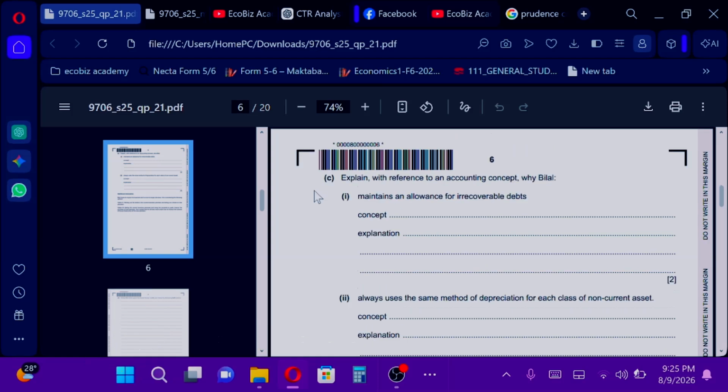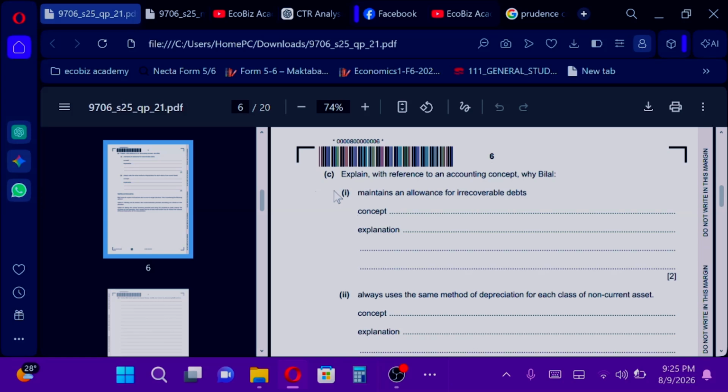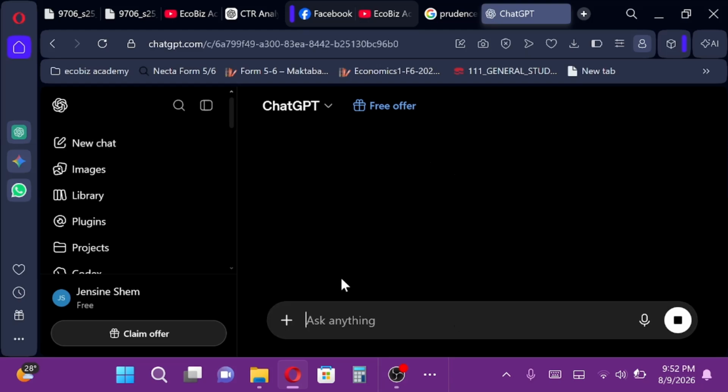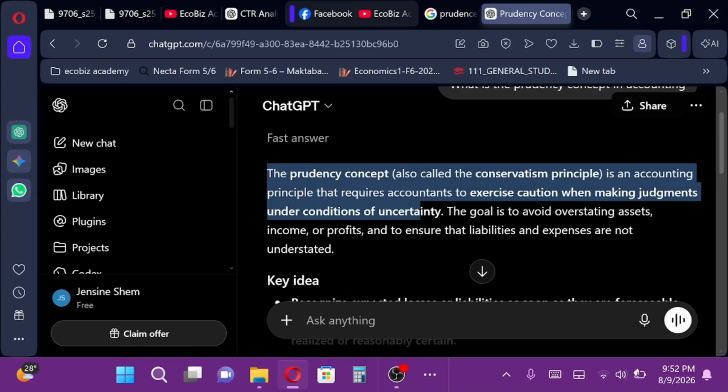So this question requires us to understand the accounting concepts. By knowing the accounting concepts, we'll be able to identify that for Roman 1, the concept will be prudence. Now, what does the prudence concept state? It states that we must avoid overstating or understating the assets and liabilities and also all the other transactions inside the business.